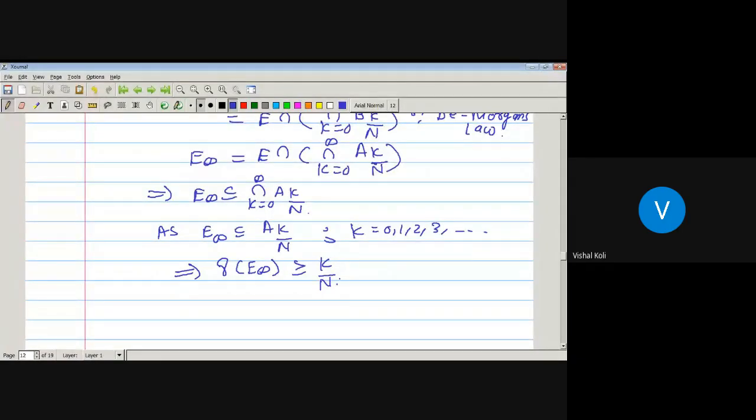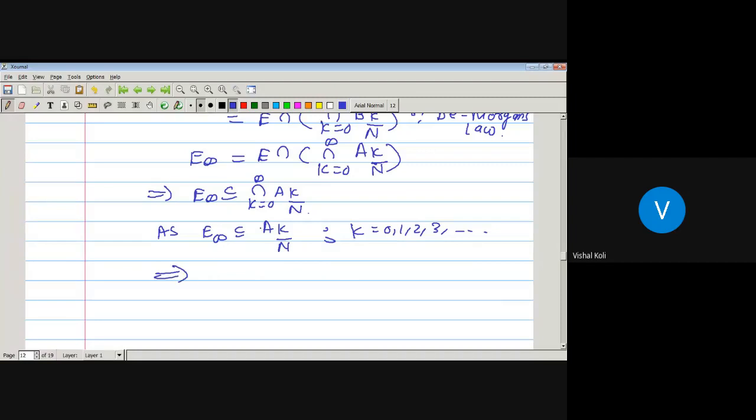Since E infinity is a subset of A_k by n, with respect to the signed measure gamma minus k by n into mu, as it is a positive set, gamma minus k by n into mu of E infinity must be greater than or equal to 0.